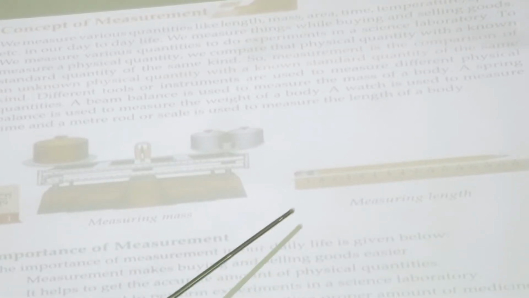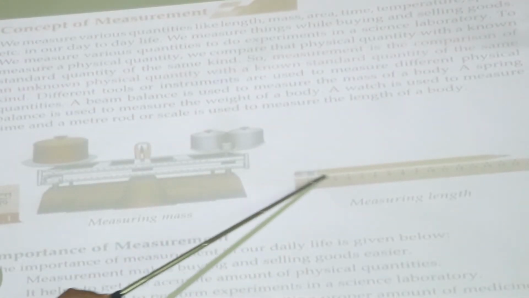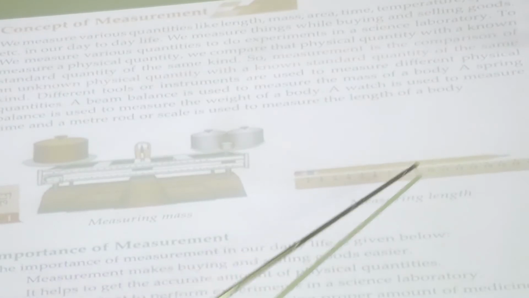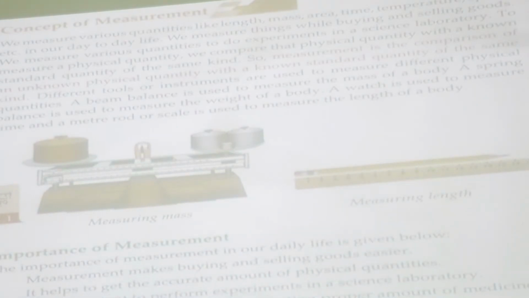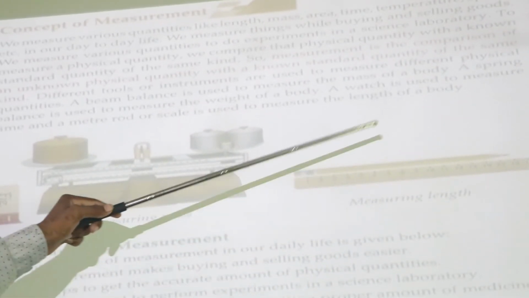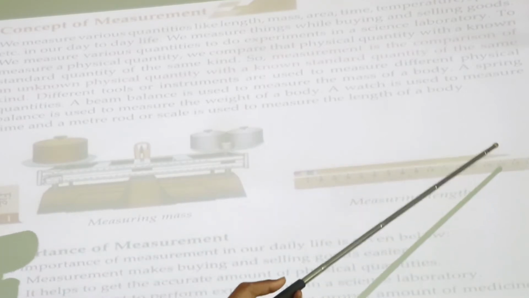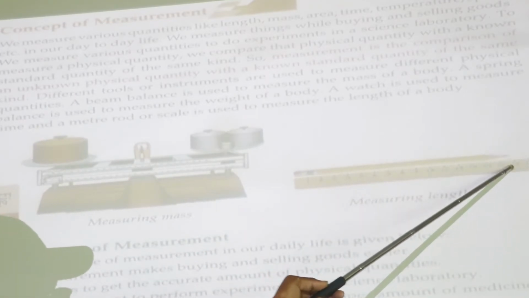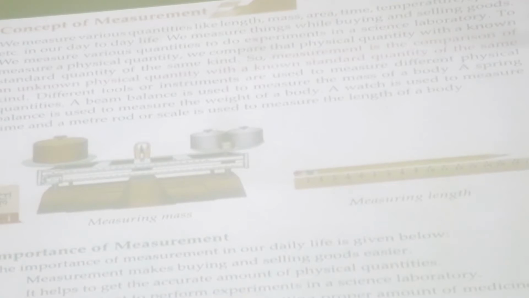Another example is to measure the length of the pencil, we have to use the standard quantity, which is this scale. When we put the standard quantity on the unknown quantity, we can measure its length. So its length is 15 centimeter.